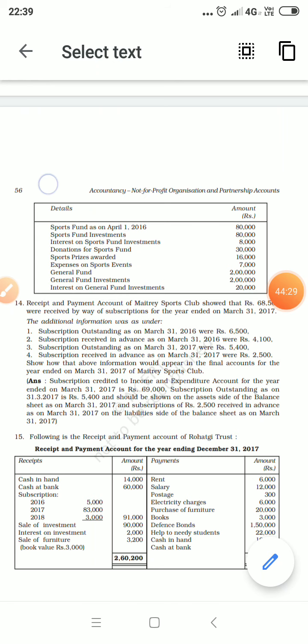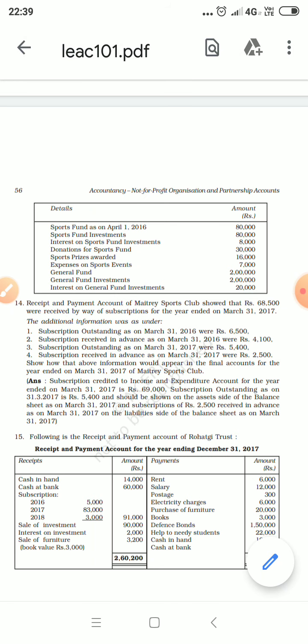Now we are in page number 56, NCERT book, numerical question 14. Receipts and payment account of Maitri Sports Club showed that 68,500 were received by way of subscription. So 68,500 appeared in the receipt side as subscription for the year ended 2017.